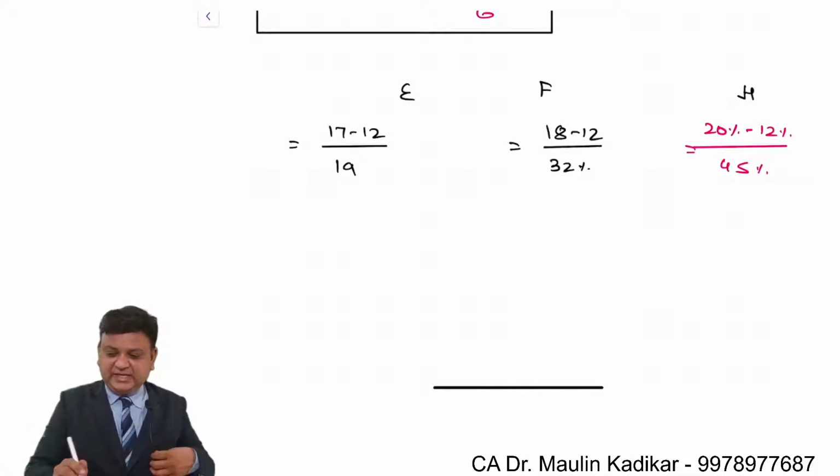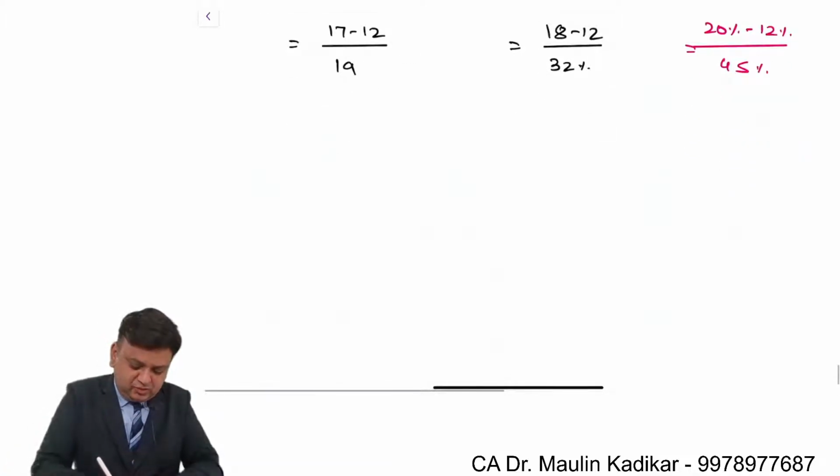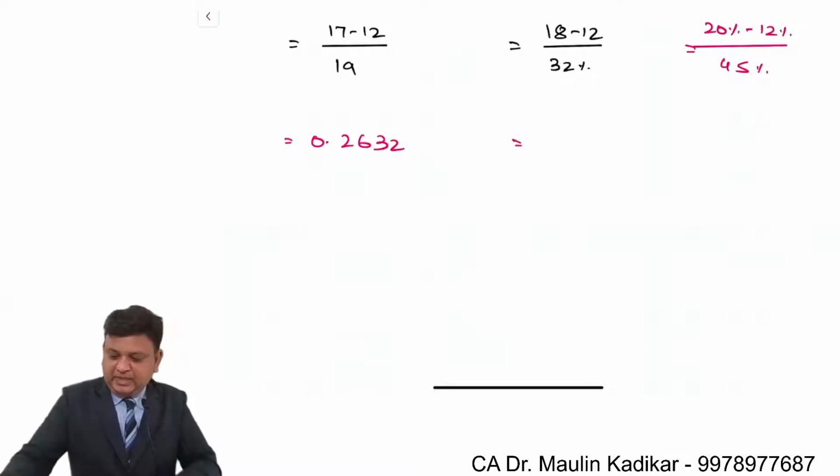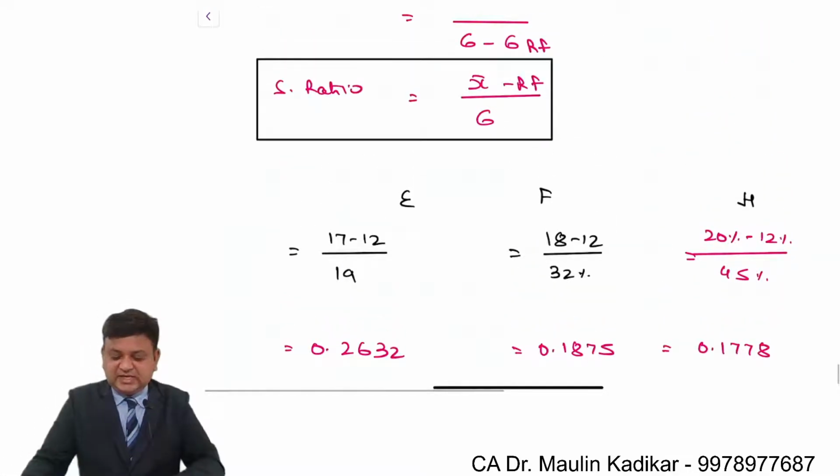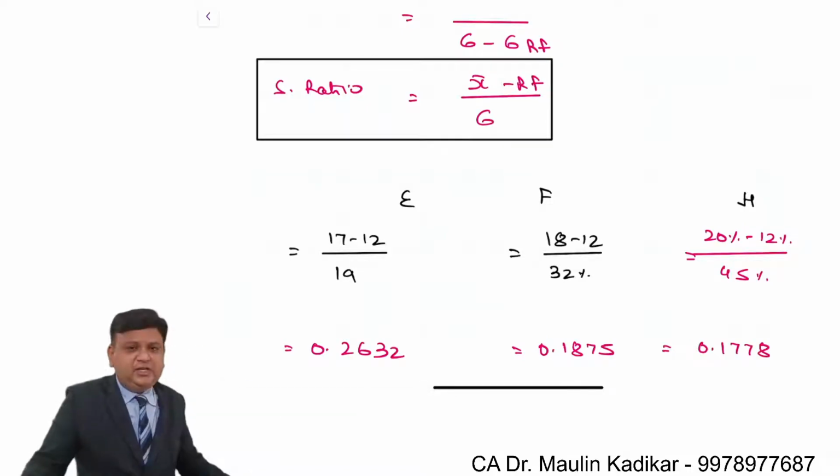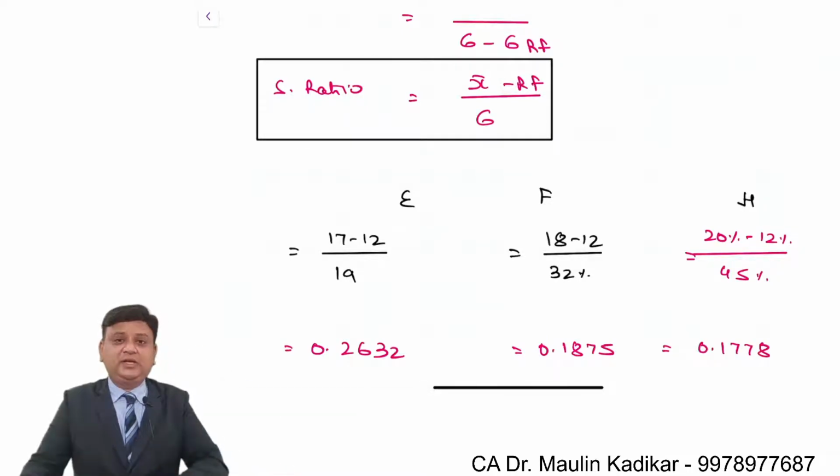So 5 upon 19 comes to 0.2632. 6 upon 32 comes to 0.1875. 8 upon 45 comes to 0.1778. This is the additional return for every 1 unit of additional risk that you undertake in the respective portfolio.